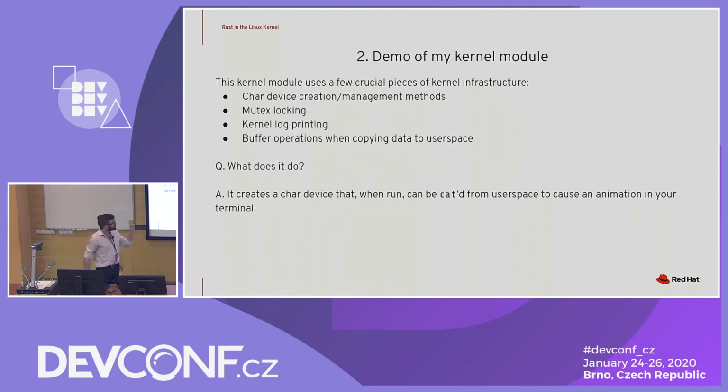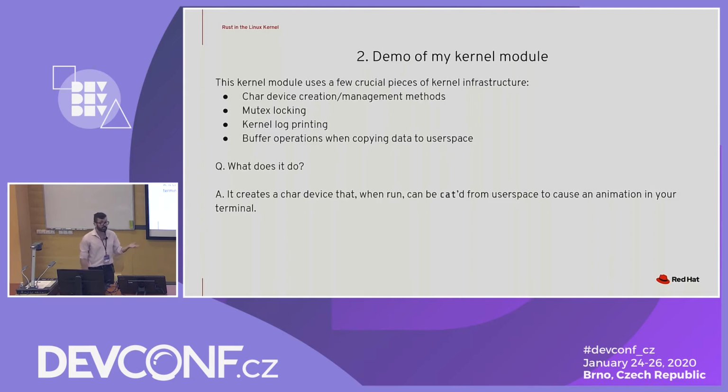So now we're going to have a little demo of my kernel module. The kernel module itself is pretty silly, but it does some really important things. It's going to do some char device creation using the kernel API. It has some mutex locking in there.